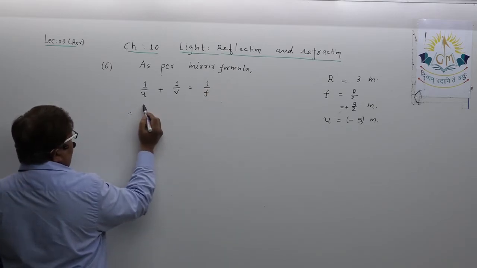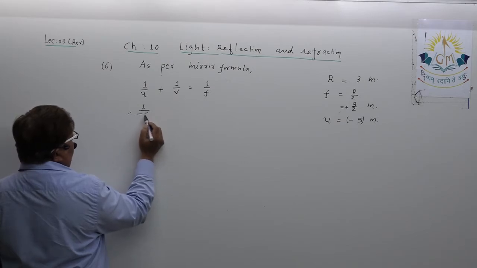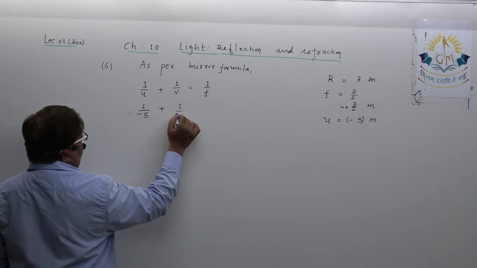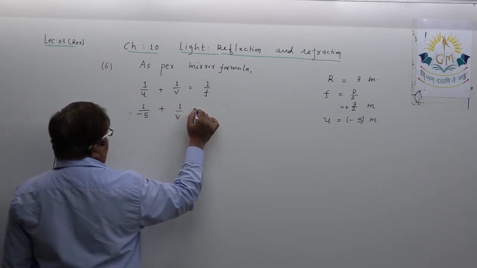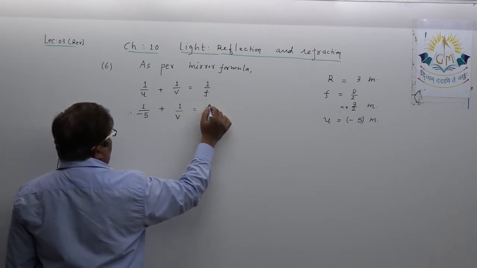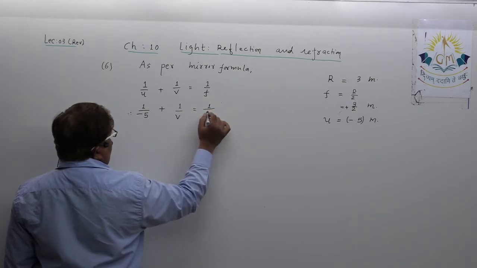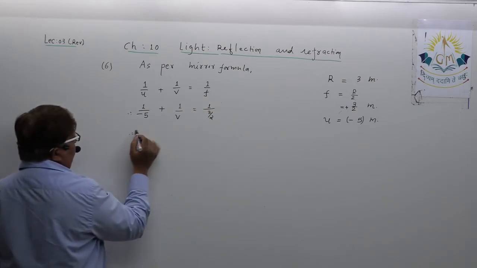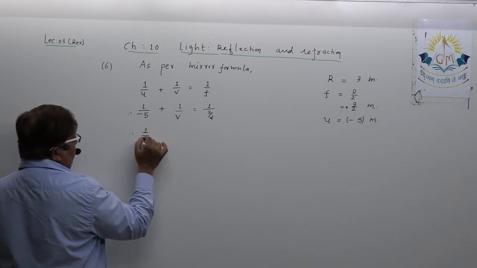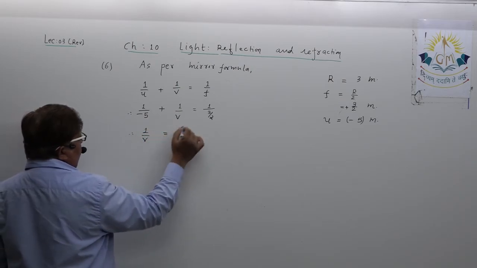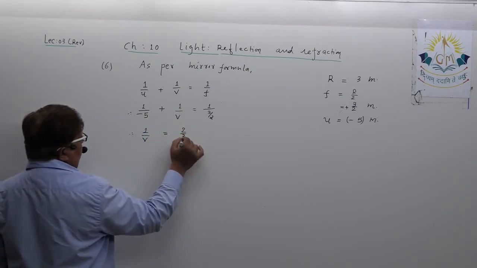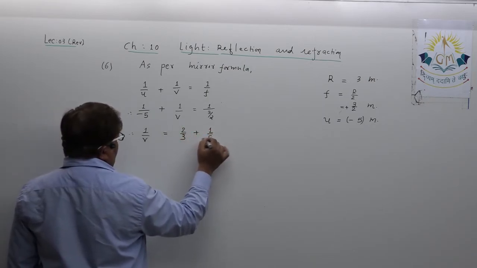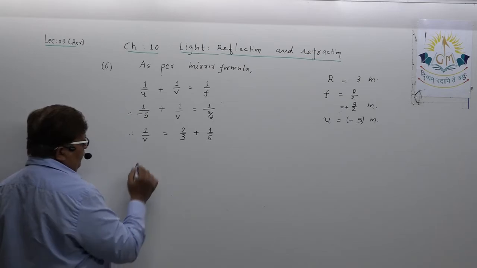Therefore, 1 upon minus 5 plus 1 upon v, that's what we are looking for, equals 1 upon 3 upon 2, obviously transferring as you know. So 1 upon v equals 2 upon 3 plus 1 upon 5.